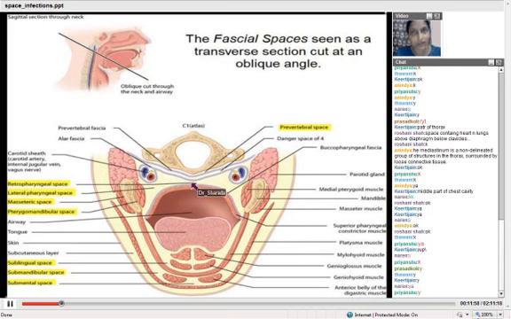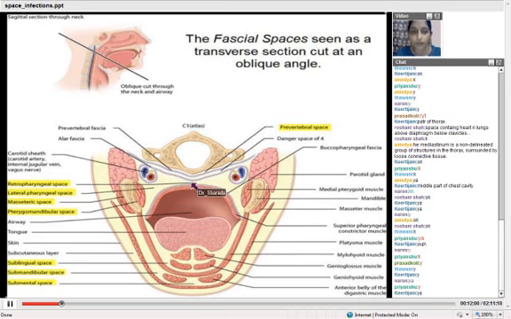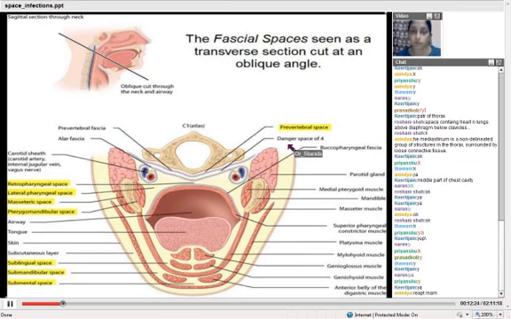Because of which, if you have any infection in this region, it will directly go to the posterior mediastinum. From there it can damage anything from your lungs to your pericardium. That's why it's known as the danger space. It directly leads you to all the vital organs of your body.